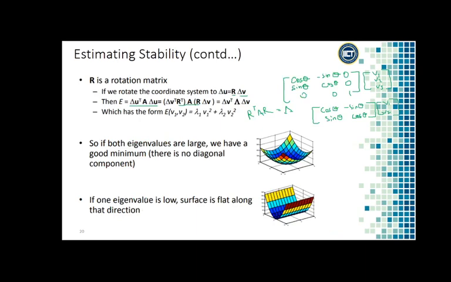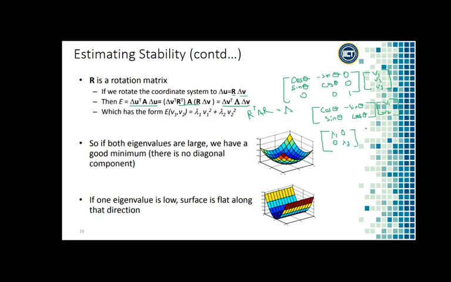So replacing this value here, we get delta V transpose, eigenvalues, delta V, which has the form lambda 1 V1 square plus lambda 2 V2 square, because the eigenvalue matrix is something like lambda 1, 0 and 0, lambda 2. So it's a diagonal matrix.